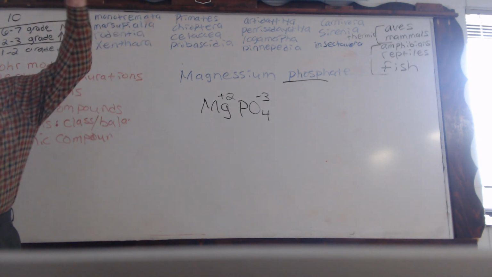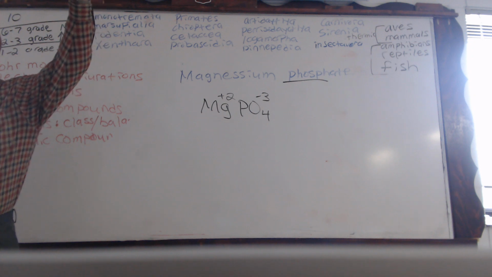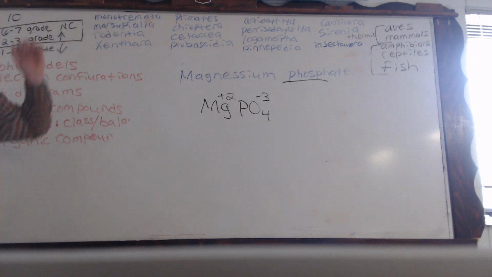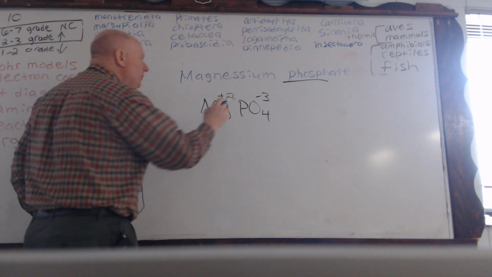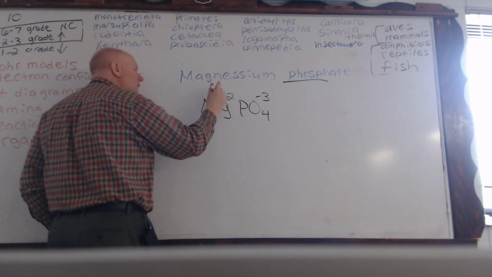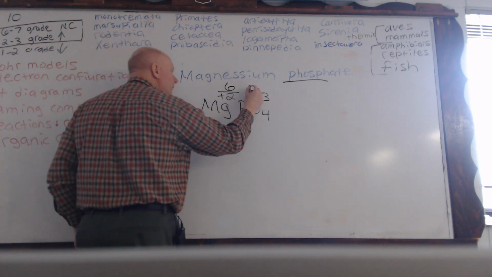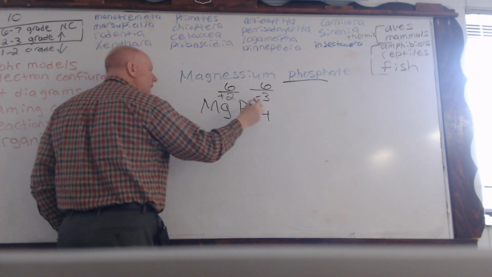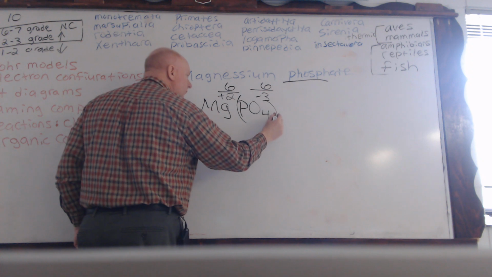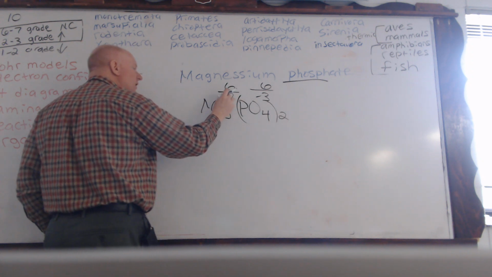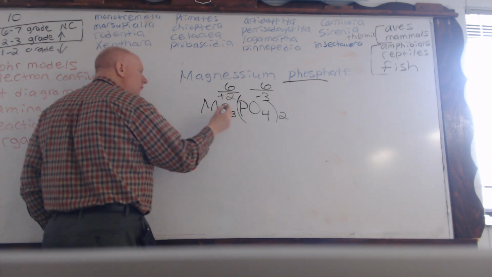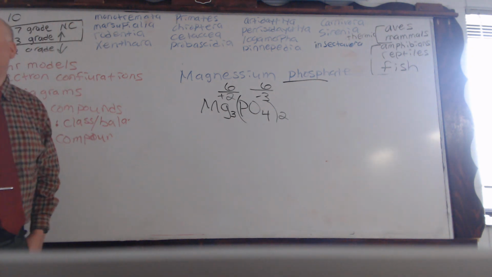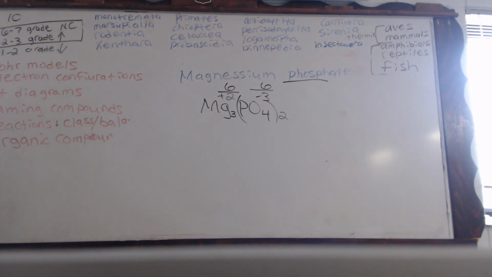Who does not know how to get this compound to balance out? Okay? What is the least common multiple between these? What is 6 divided by 3? 6 divided by 2? Okay? Been doing that for quite a while, right?